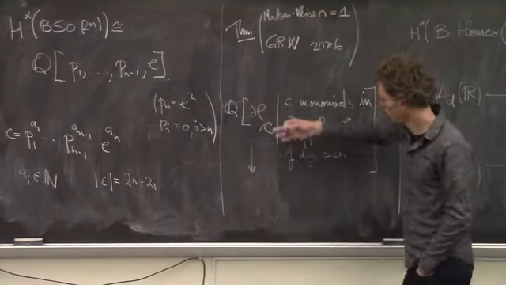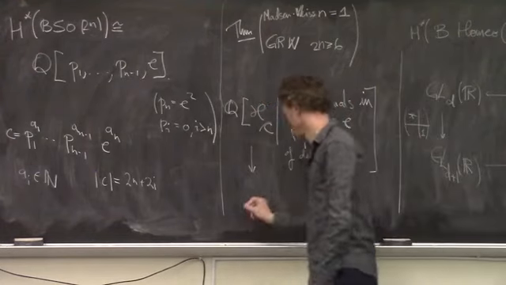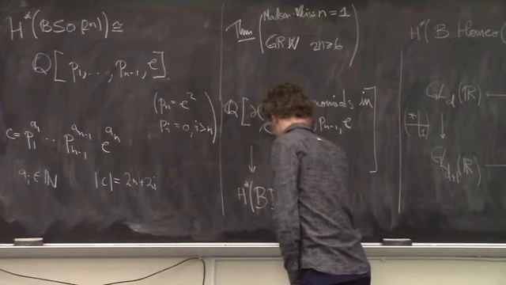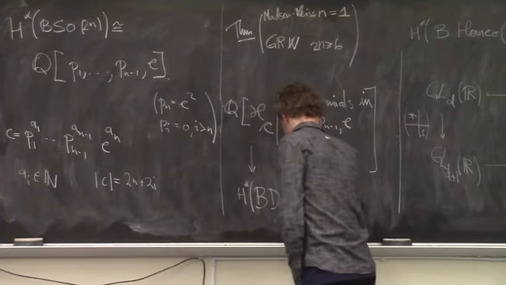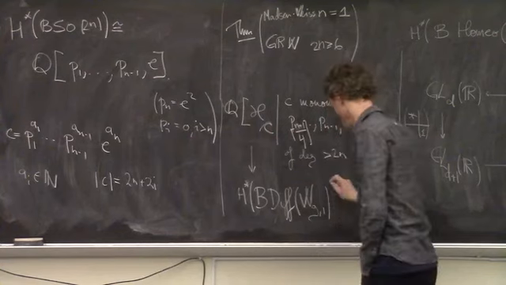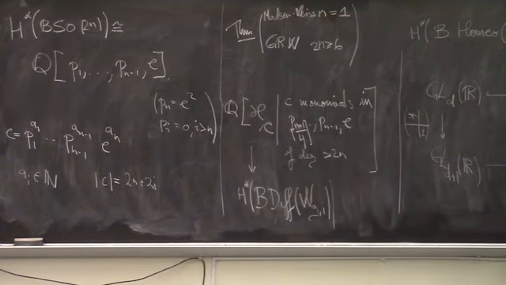Miller, Morita, and Mumford define for each of those a class in cohomology of this nonlinear Grassmannian. So using the construction, we get this map.